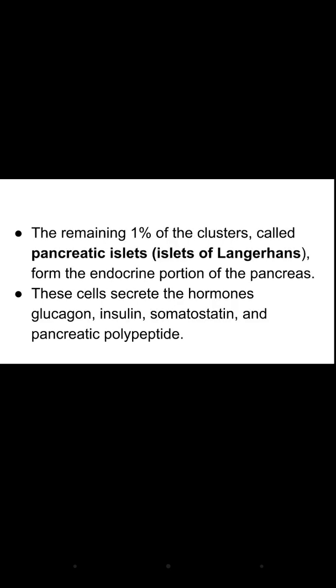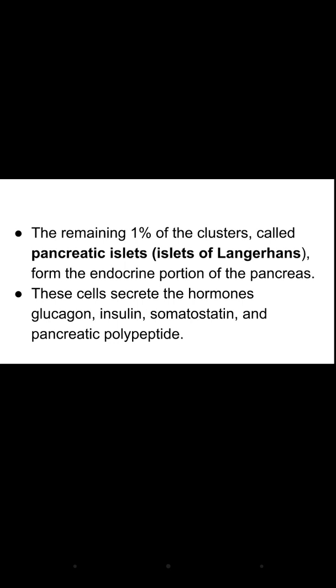Now, the remaining 1% are called pancreatic islets or the islets of Langerhans and they have the endocrine function. There is a difference between exocrine function and endocrine function. In the exocrine function, there are ducts present, while in the endocrine, there are no ducts.